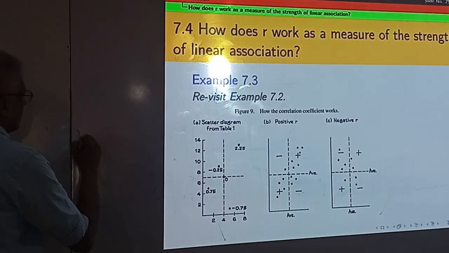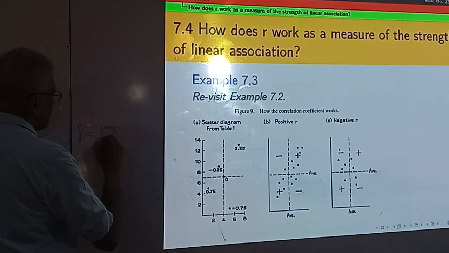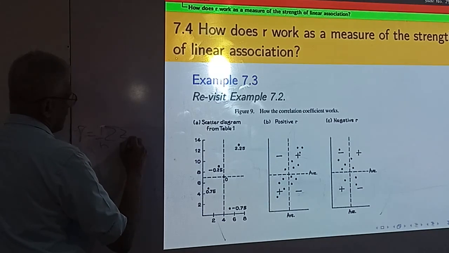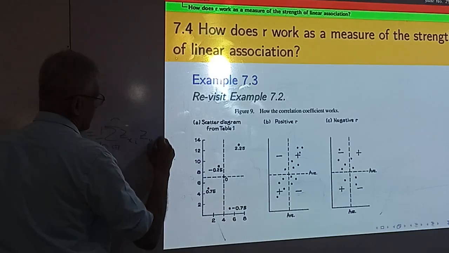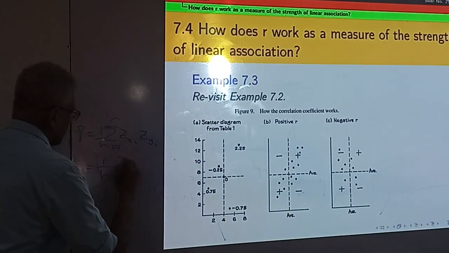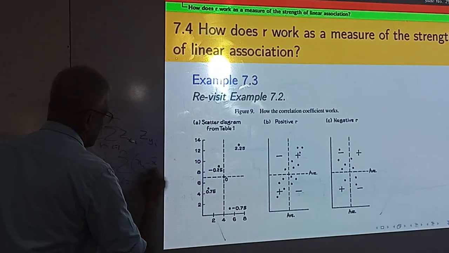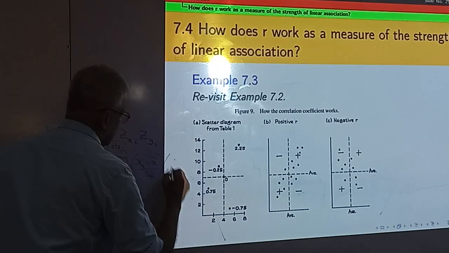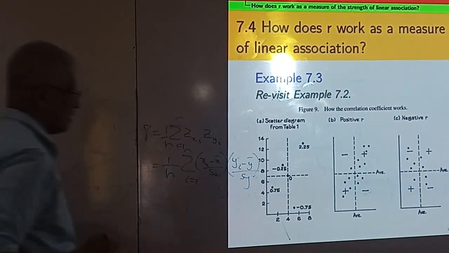Remember, R is equal to the mean of Zx_i times Zy_i, from i equals 1 to n. So this is equal to 1 over n, summation i from 1 to n, of (x_i minus x bar) divided by s_x, times (y_i minus y bar) divided by s_y.